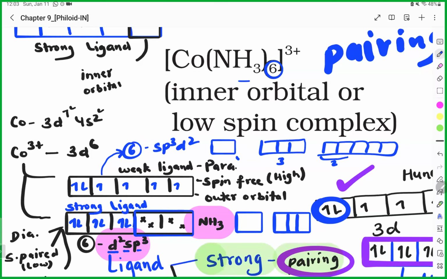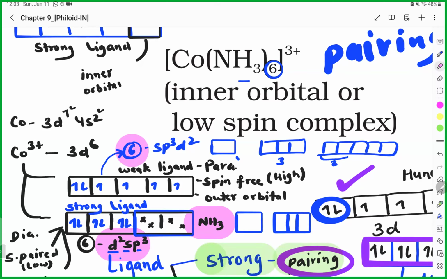Sir, how to calculate hybridization? You have to check the total number of ligands. For example, here the total number of ligands is 6. So you know your coordination number is 6. Remember, I am talking about unidentate ligands. You have to first check the coordination number.